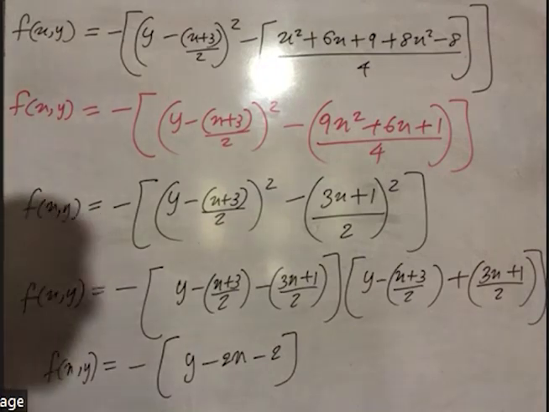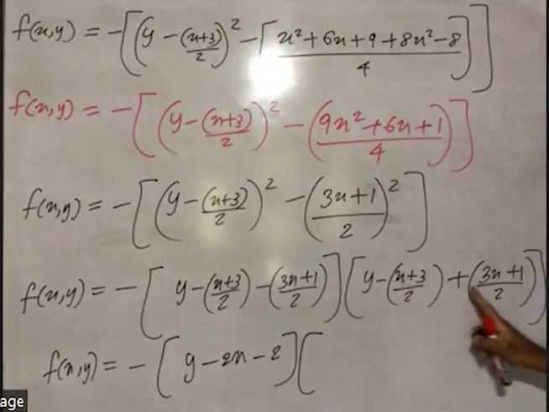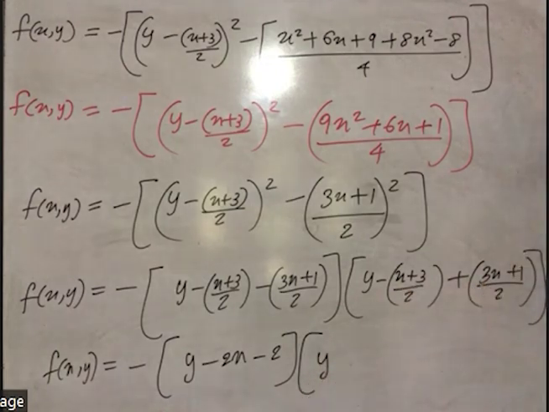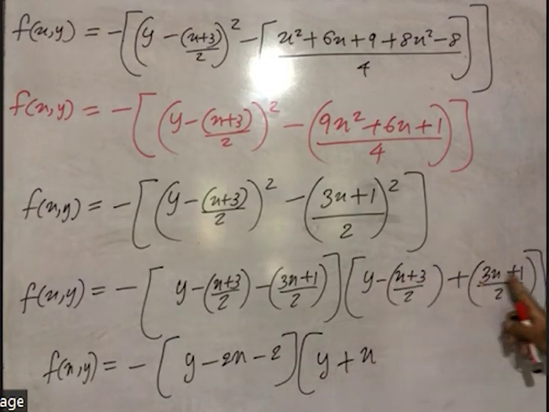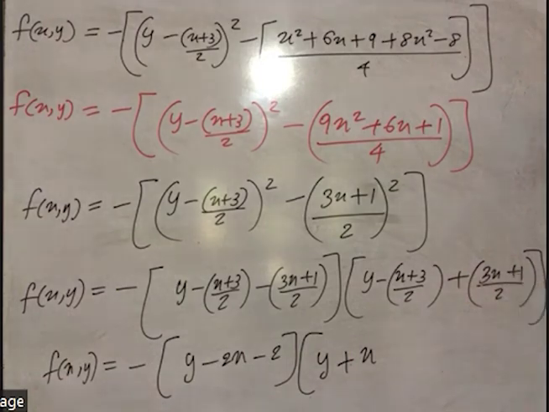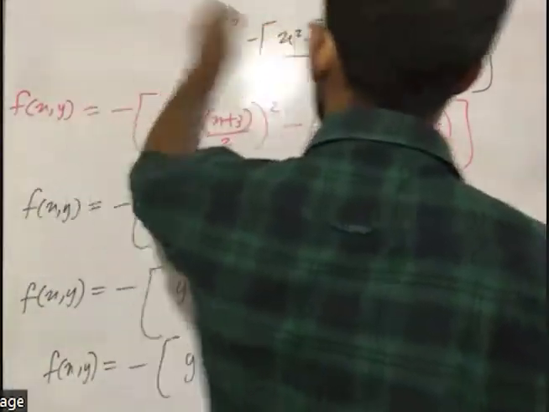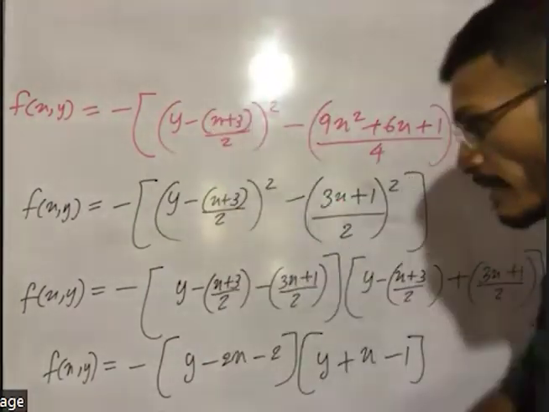Then the second factor: y minus x here plus 3x. Minus x plus 3x means plus 2x divided by 2, that means plus x. Here we have minus 3 plus 1, that means minus 2 divided by 2, minus 1. Right. Now we got the two factors. Now we can multiply the first factor by the minus sign.